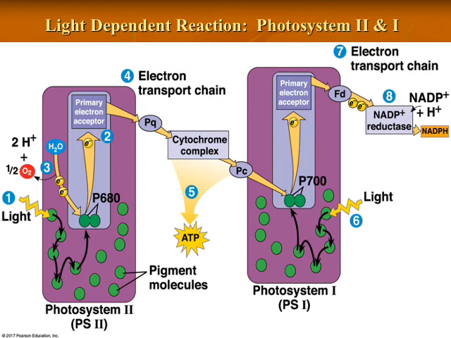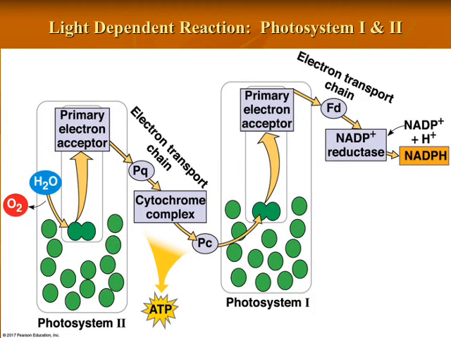What comes out of photosystem 2 on the left is ATP. What comes out of photosystem 1 on the right is NADPH. And here's an even simpler version of that. It's the same picture, and this is pictured on page 198 of your books.